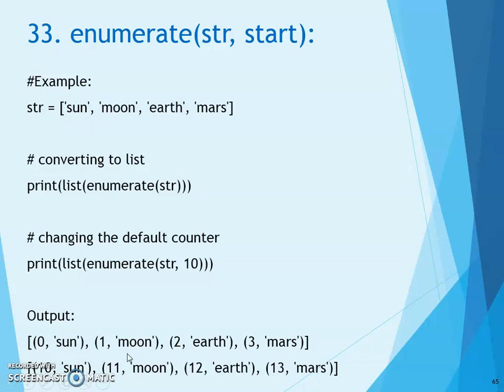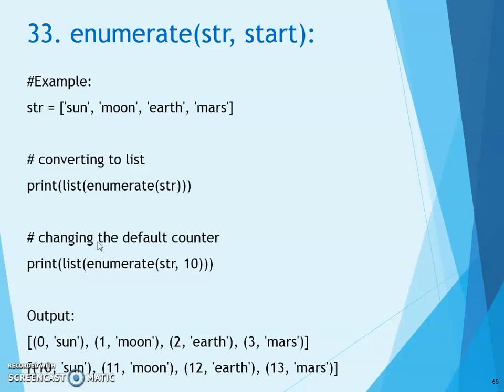So it provides indices to all the words: 0 to Sun, for Moon it is giving 1, then Earth is 2, and Mars is 3.